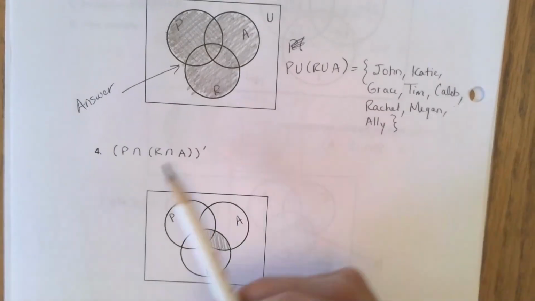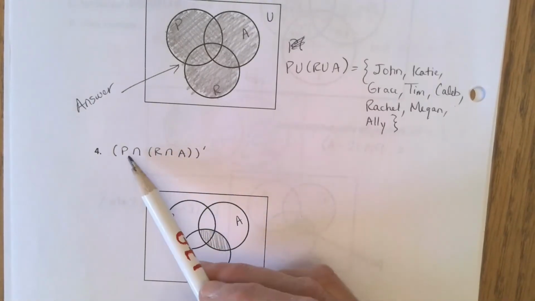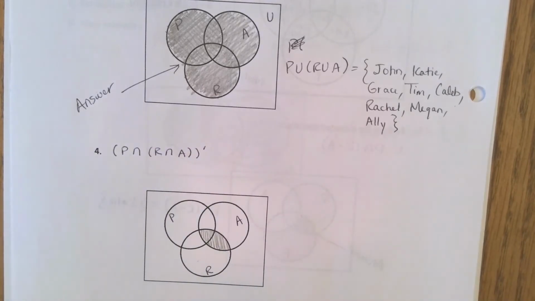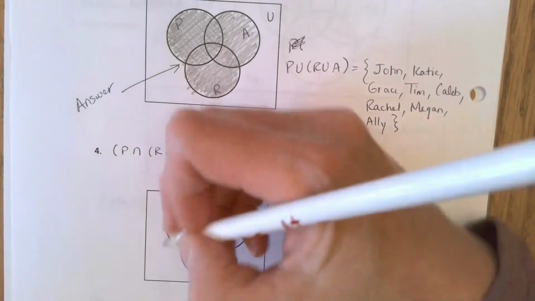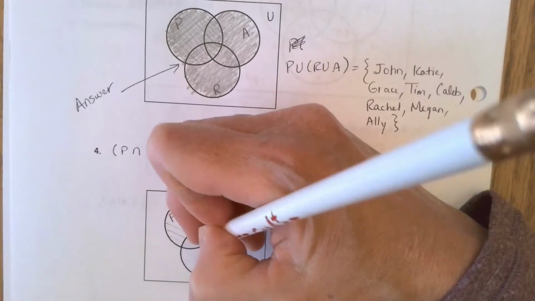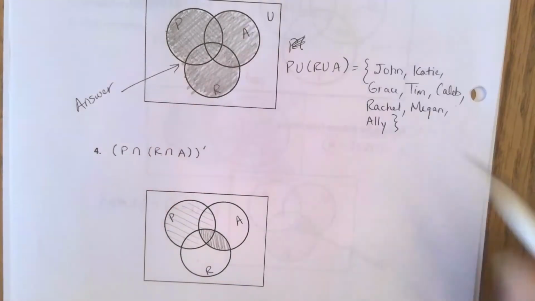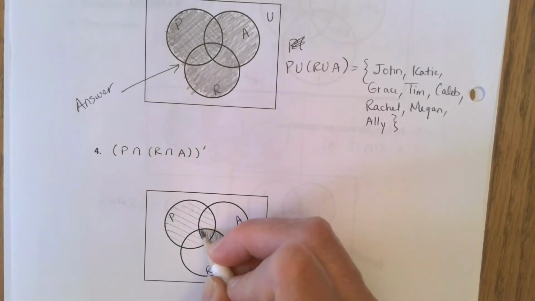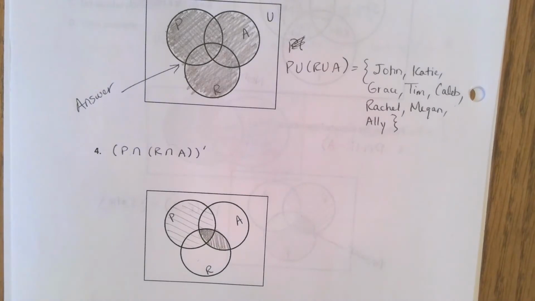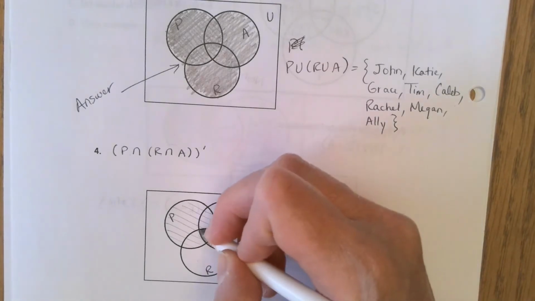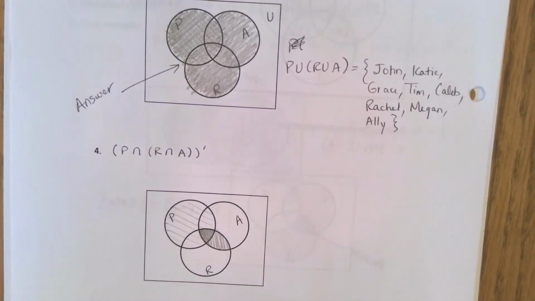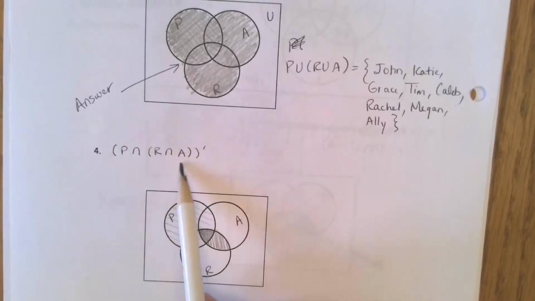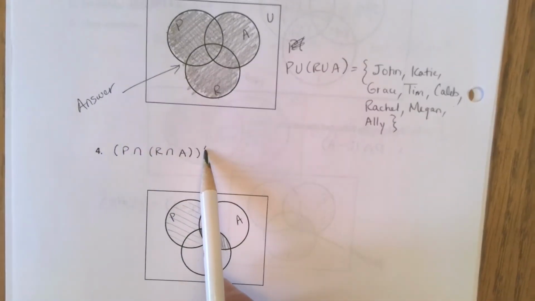Now what I'm going to do is I'm going to take that intersection, I'm going to intersect it with the poli-sci majors. Well, here's all those poli-sci majors. The intersection of this piece and the poli-sci majors is everything right in here, just this part. However, once I do all that, it says not all of that.